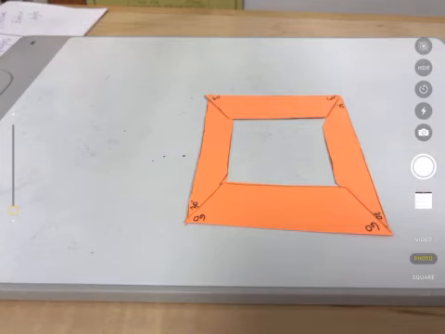Some of you guys are saying like alternate interior angles. Is this even existing on your picture? What about same side interior? Supplementary. So we need same side interior angles supplementary. Do I have that?